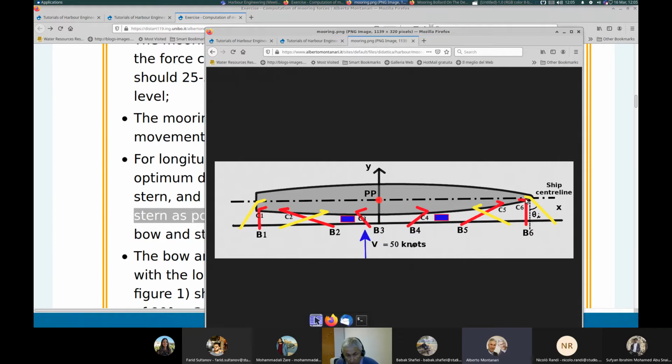And again, for the bow line B6, C6, it's located at the bow of the ship, and the bow's breast line, B5, C5, is located close to the bow.